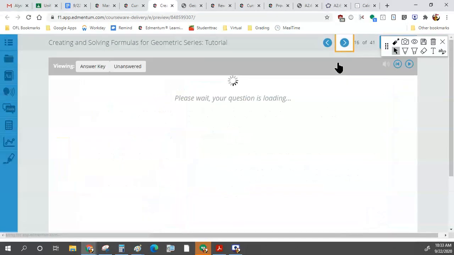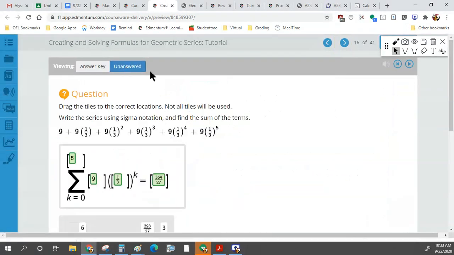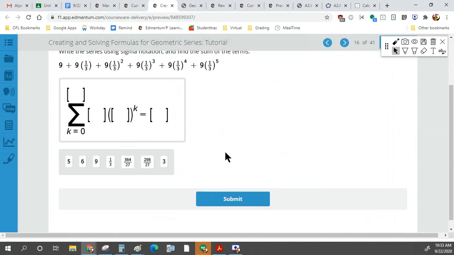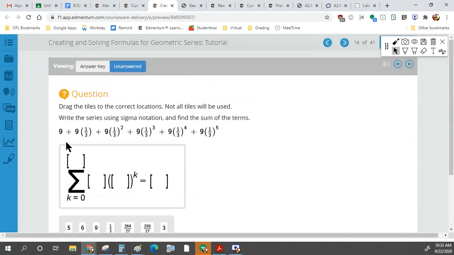All right, so let's see what equation they end up giving us here. And of course, they just fill in the answers. So what are we going to do here? Well, we know that this is our a sub 1. And like Nelson said, how do we remember how to do geometric series? It's a pirate, R. So it's a r to the k.